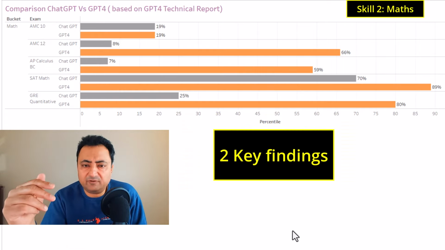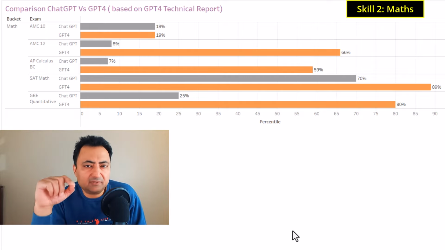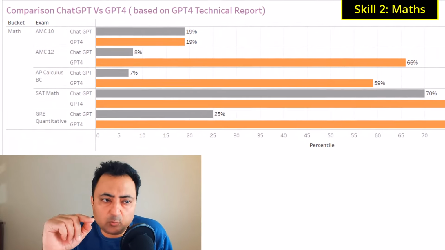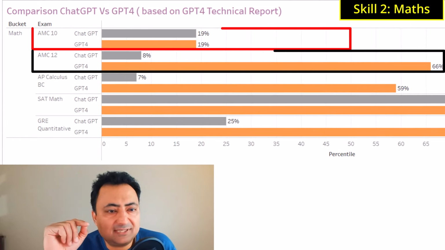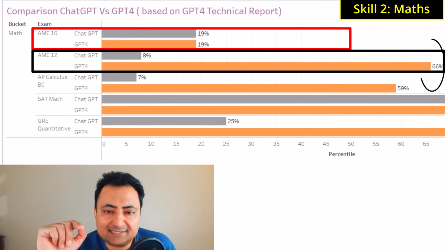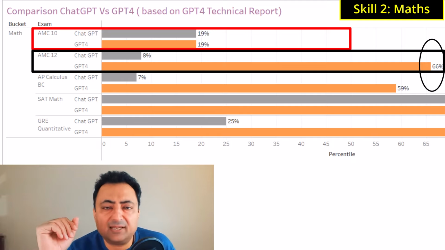But there are 2 key findings here. The first is counterintuitive and therefore I believe is very important for us. If we compare AMC 12 performance with that of AMC 10 performance, in AMC 12 GPT-4 is at 66% versus 8%. So that's a phenomenal jump, some 53% higher.